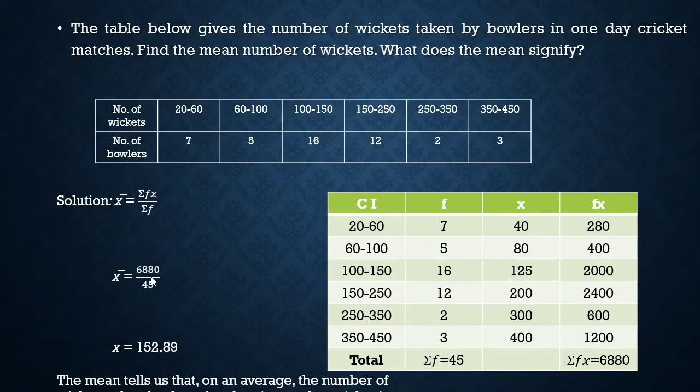So mean is equal to, substituting the values, 6880 divided by 45. So we got our mean to be equal to 152.89. So what does this average number of wickets say? It says that on an average the number of wickets taken by these bowlers in one day cricket is 152.89. That is the significance of the mean.